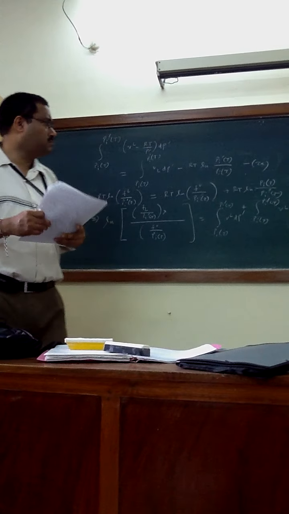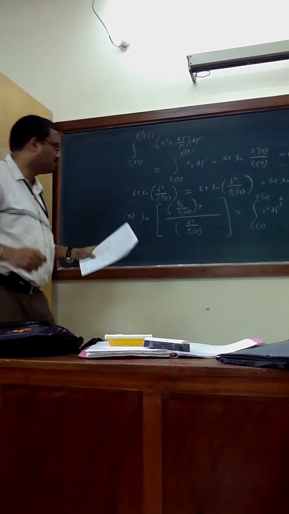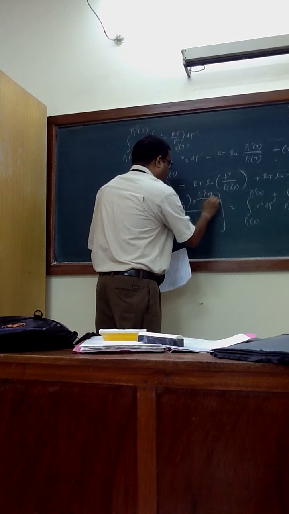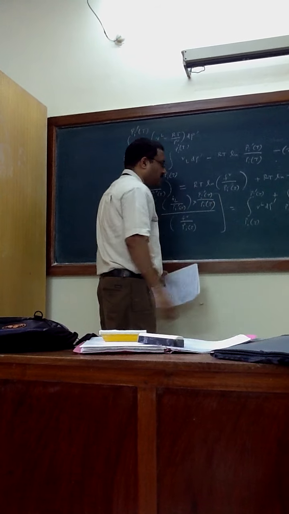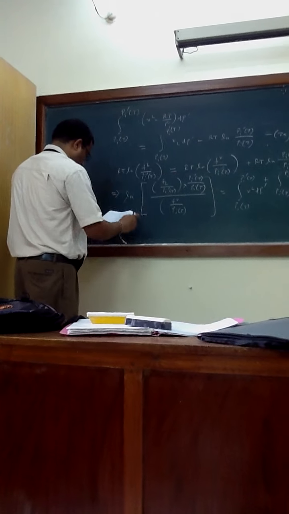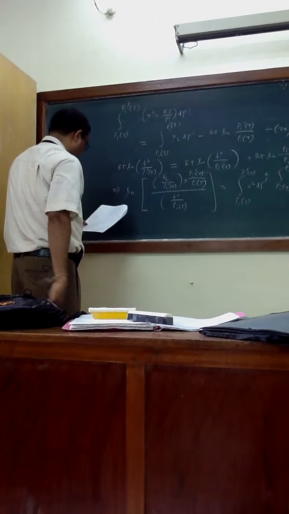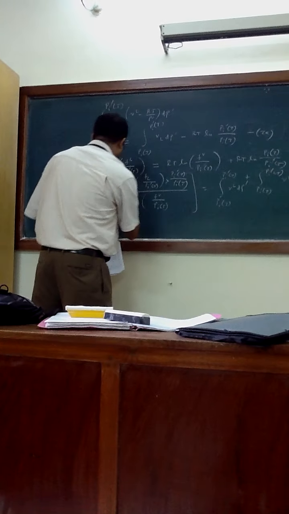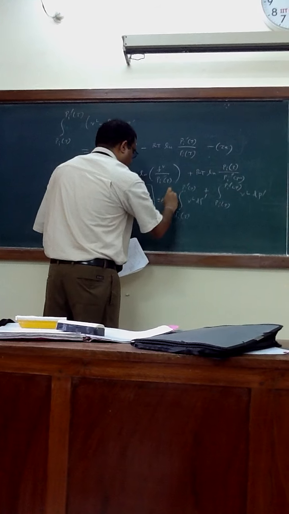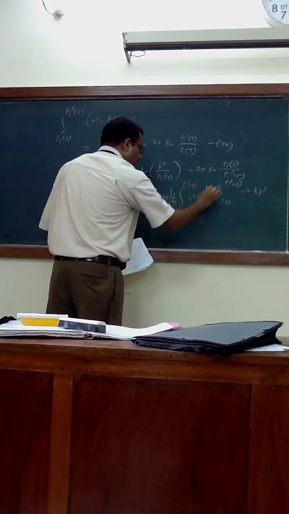Some term will be there. What is that? Pi prime T by Pi T. Okay? Correct? 1 by RT is there. So we can actually have exponential 1 by RT.